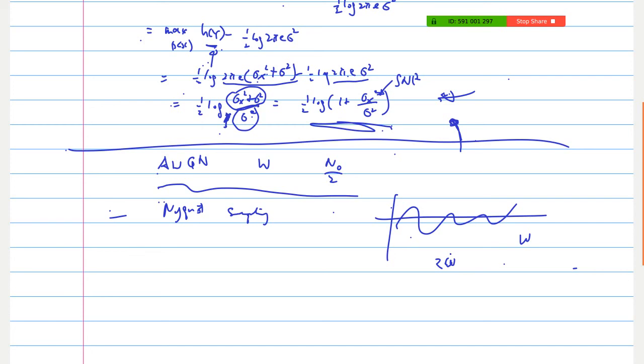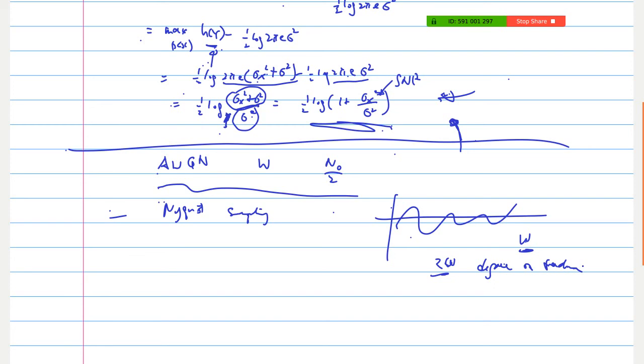So now think of this in a reverse way. If I give you a bandwidth W, that is essentially saying that you have 2W degrees of freedom, the minimum for sampling.